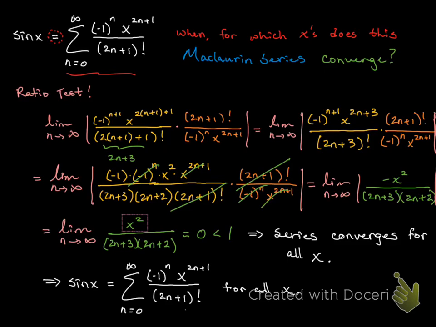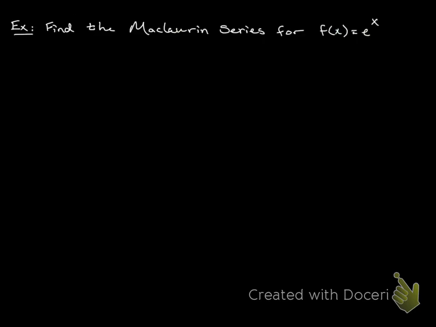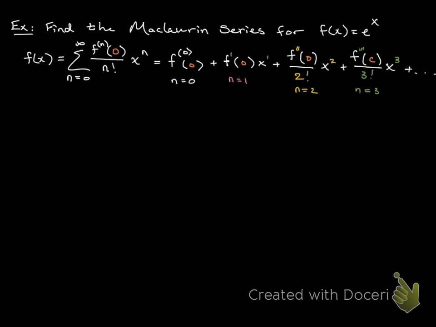And I want to do another example where I find the Maclaurin series. I'll go through it a little quicker because we're going to go through that same process where we find the derivatives. This example here is with e to the x. And again, I'm looking at Maclaurin series, so my center is 0. I'm going to write that formula down again.